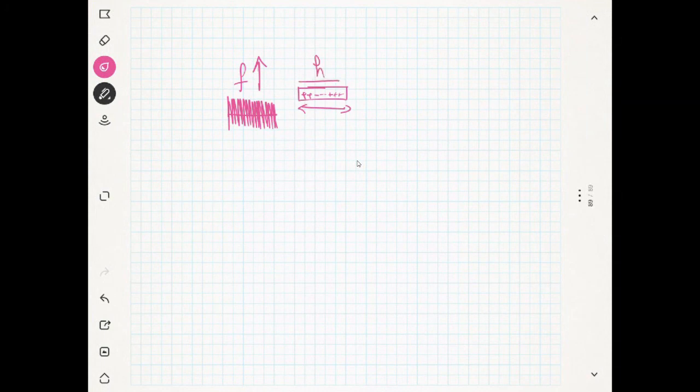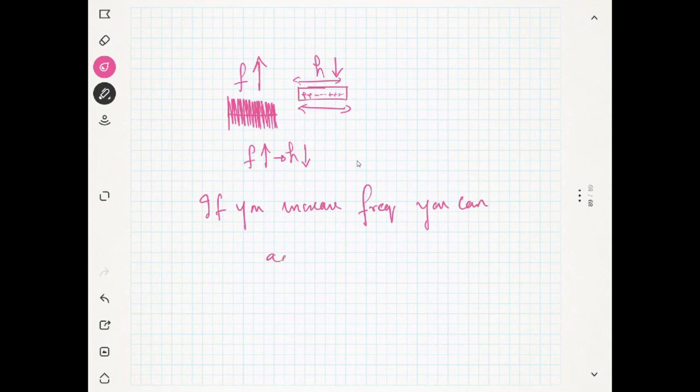So if you increase the frequency, you can actually reduce the size, the length of the antenna. You understood?